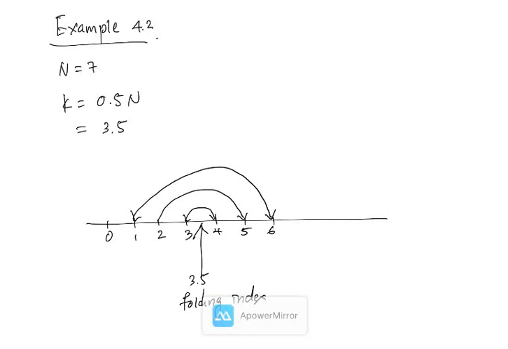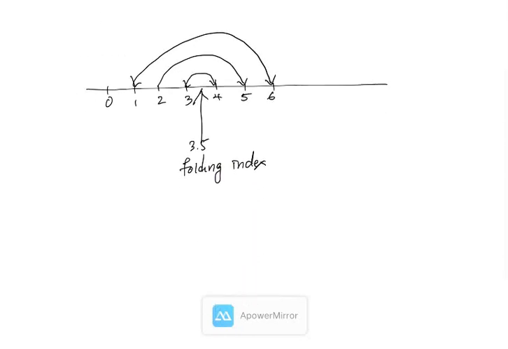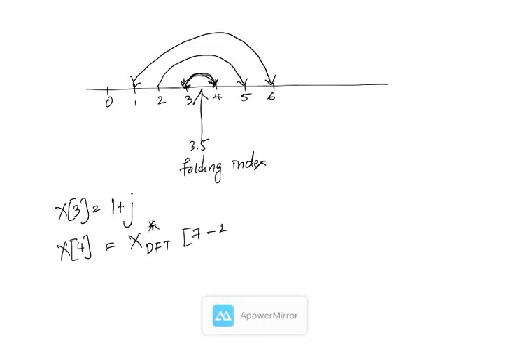Okay, so just now, let's say I have X3 is 1 plus j. What is X4? Since X3 and X4 are symmetrical, X4 is the conjugate of X DFT of 7 minus 4.